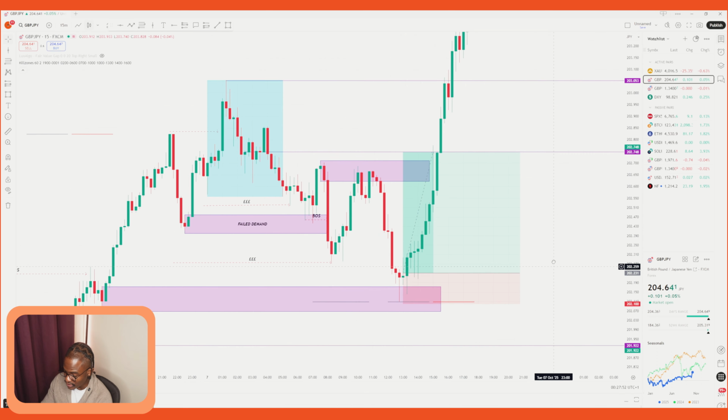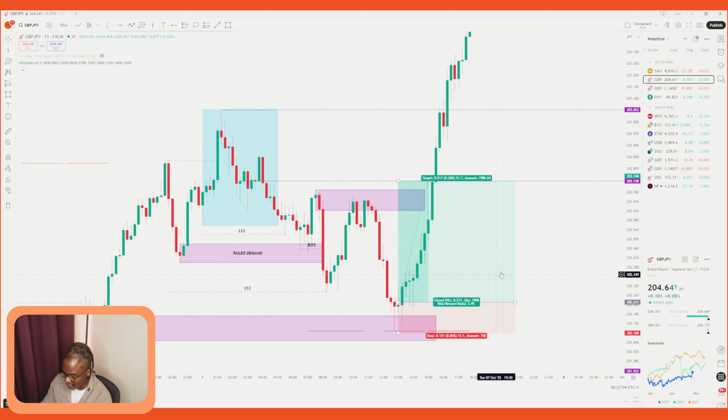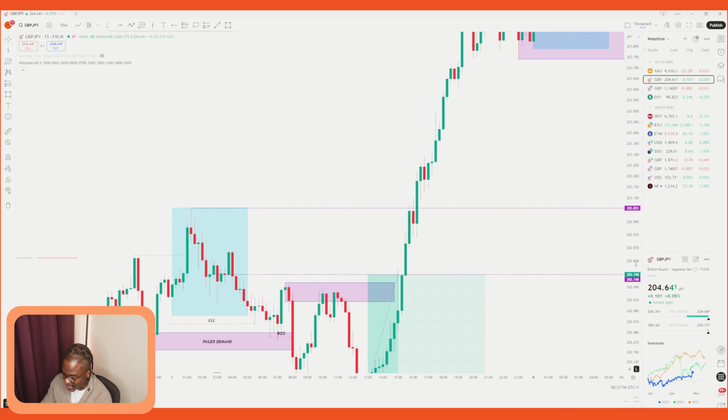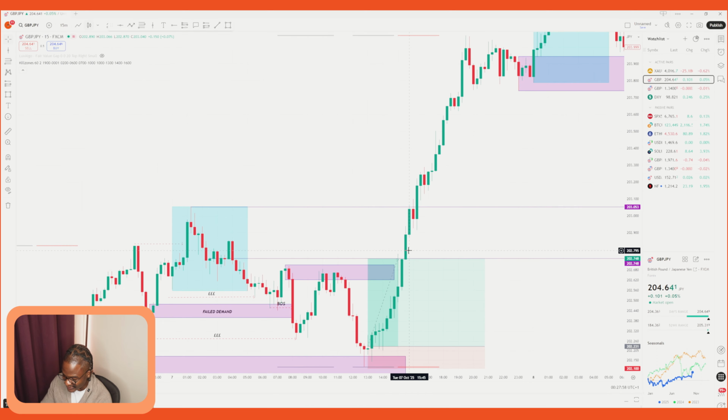So for risk to reward, before I start that, you can see how far price went, right? But this had some fundamental reasoning to it because of what I explained earlier about the GBP JPY and the Prime Minister situation. Price went all the way for a lot of pips.